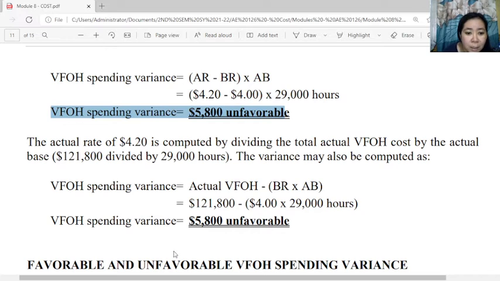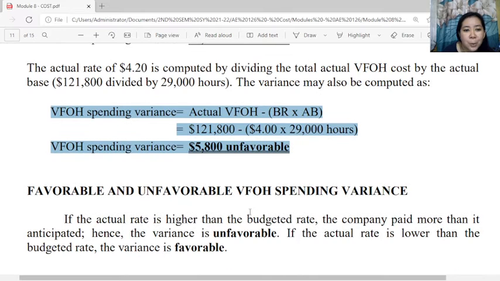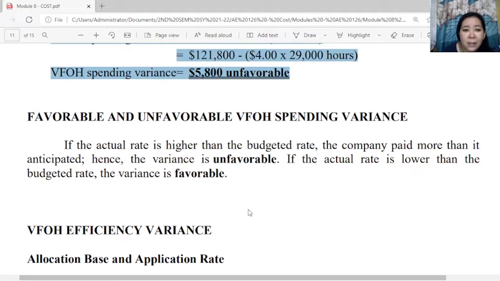So later on, we will discuss why this variance is considered unfavorable. Okay, so this second computation is using another formula, but again, we will arrive at the same answer.